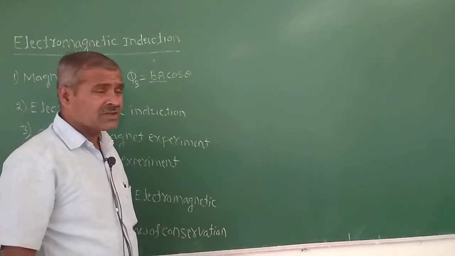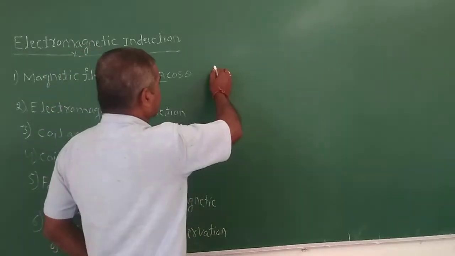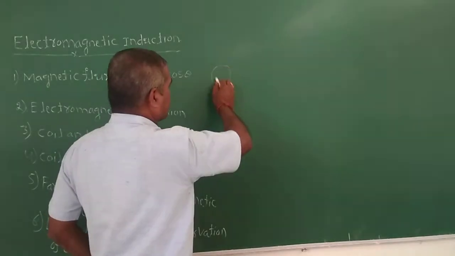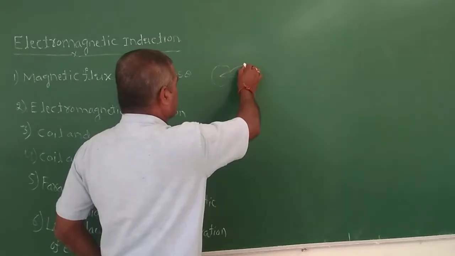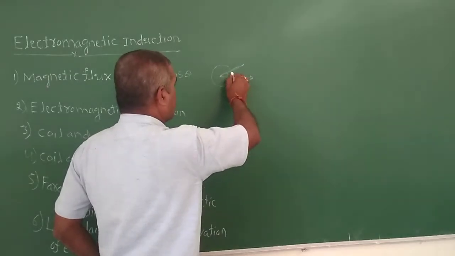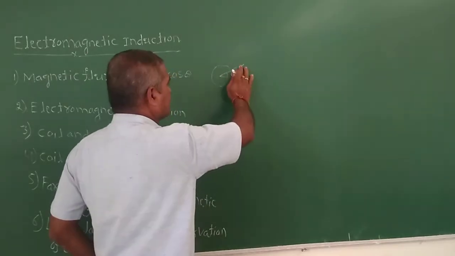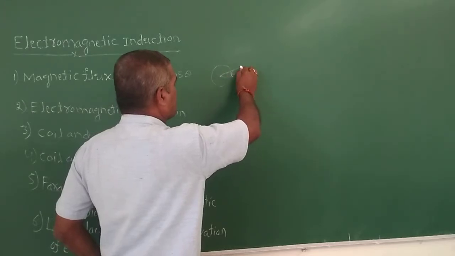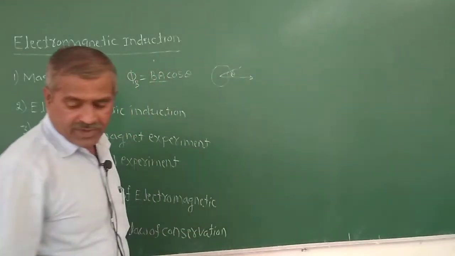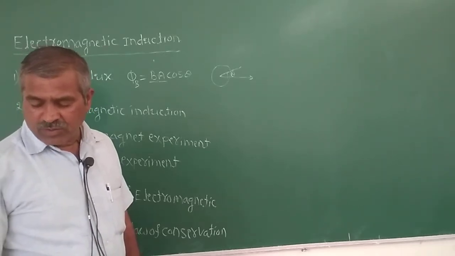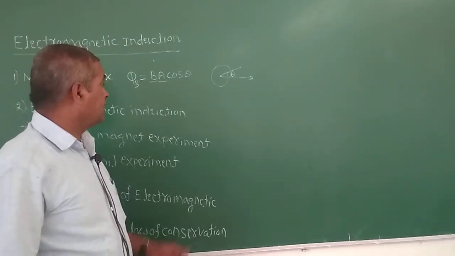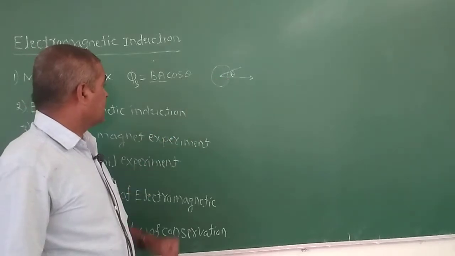Clear? So this is the surface area that is taken, and the field lines pass normally through that area. That is theta.